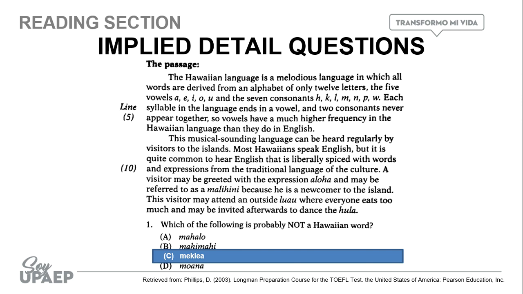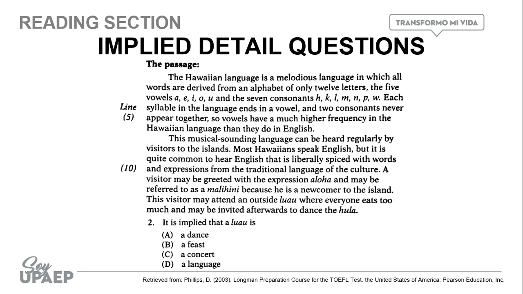Let's do another example. We have the same passage, and the question is, it is implied that a luau is, okay? So we have a dance, a feast, a concert, and a language. In this case, we have to take the keyword that is luau. And again, we have to read between the lines in order to draw a conclusion about what it is.